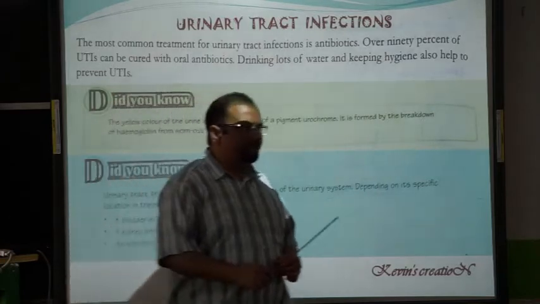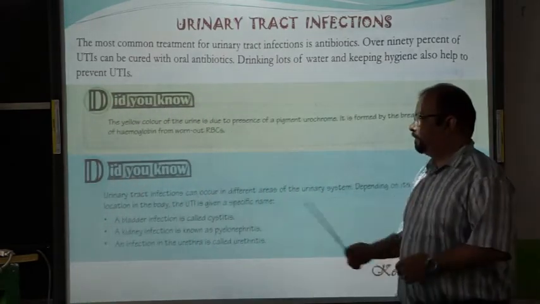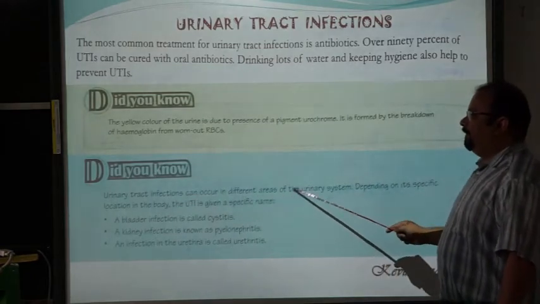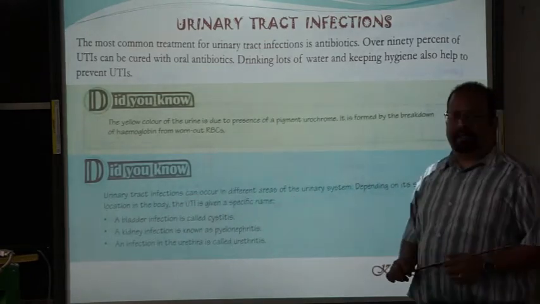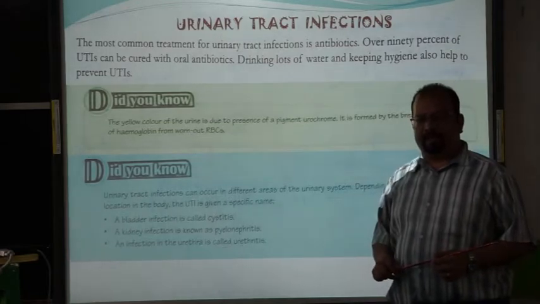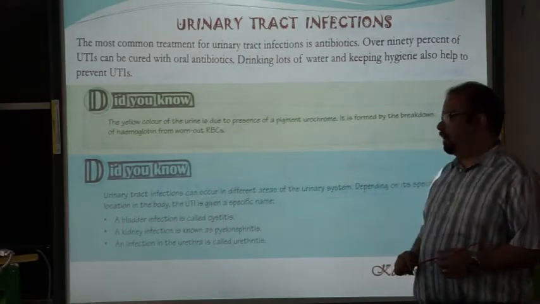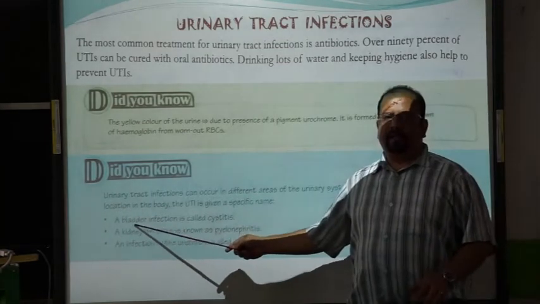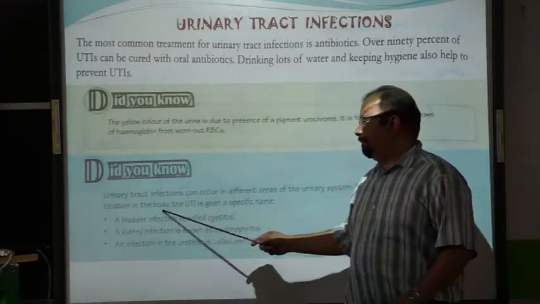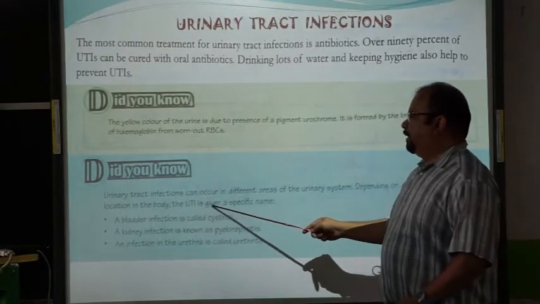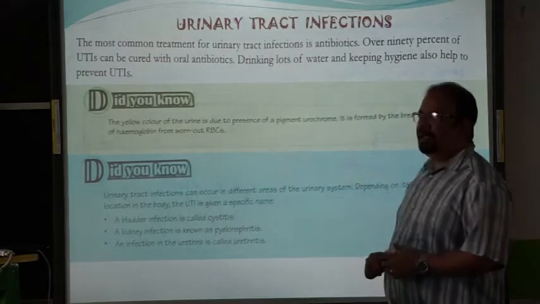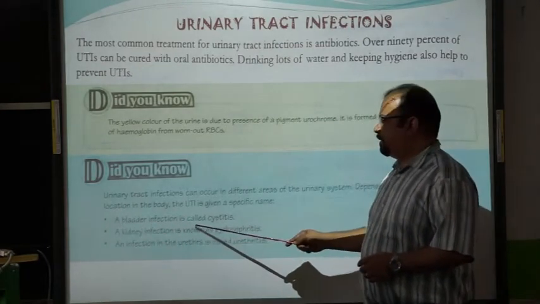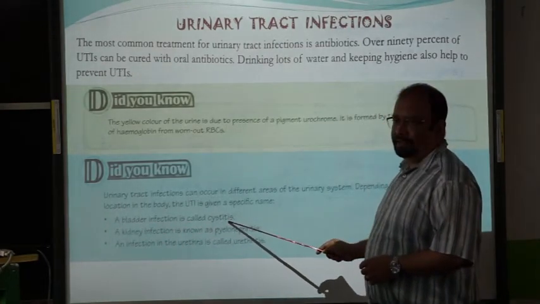One more is there for you to know. Urinary tract infections can occur in different areas of the urinary system. We have already studied about the urinary system and the organs of it. Depending on its specific location, where exactly it is located in the body, the UTI is given a specific name. For example, a bladder infection is called cystitis.